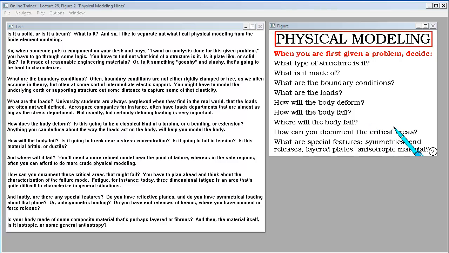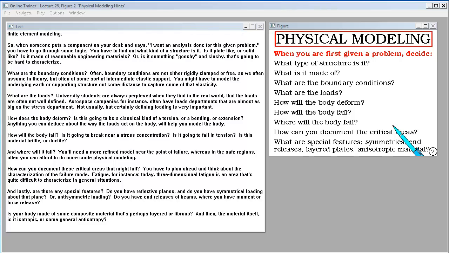How can you document these critical areas that might fail? You have to plan ahead and think about the characterization of the failure mode. Fatigue, for instance, today, three-dimensional fatigue is an area that's quite difficult to characterize in general situations. And lastly, are there any special features?